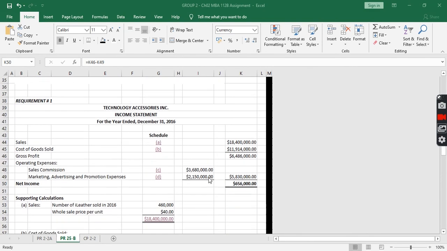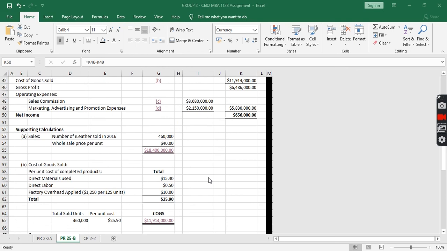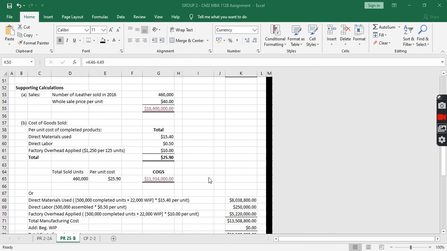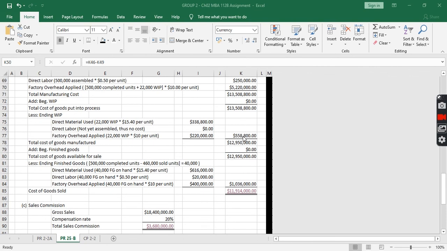If you can recall, when using our longer procedure for computing cost of goods sold, we already calculated the amounts for our ending work in process inventory and our ending finished goods inventory by assigning them the costs that have already been consumed. For work in process, we assigned only direct materials and factory overhead and no direct labor.